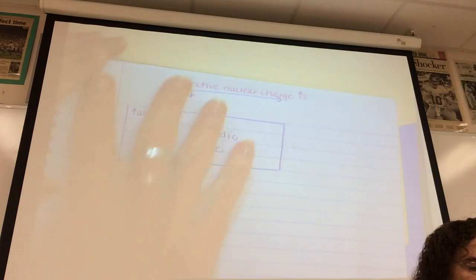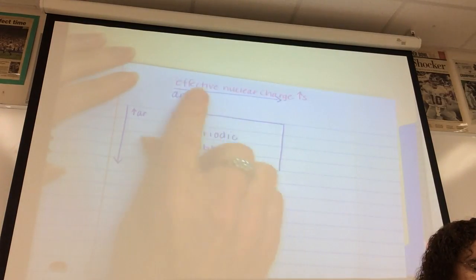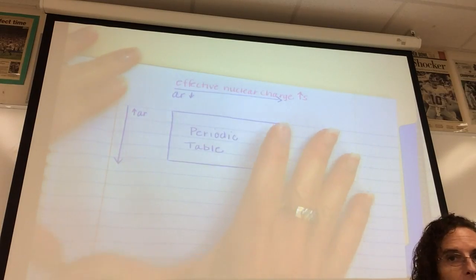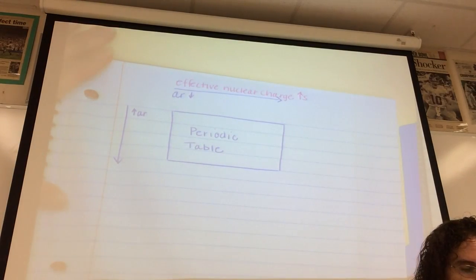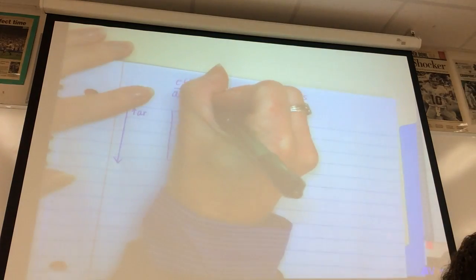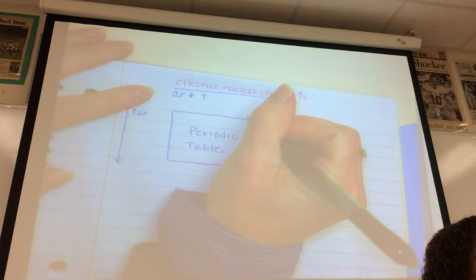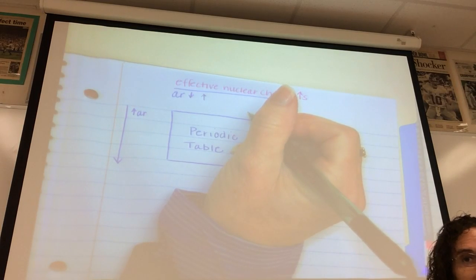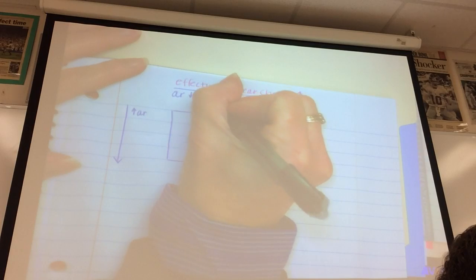But in terms of your trends, the effective nuclear charge increases. I'm going to put this together for you, and then we're going to go through the explanations in great detail. The ionization energy, which is the energy required to strip an electron from the outermost shell, making a cation, increases.